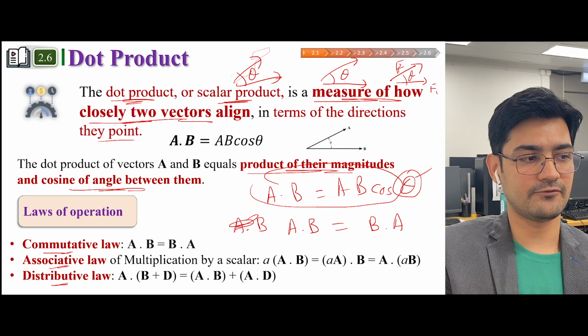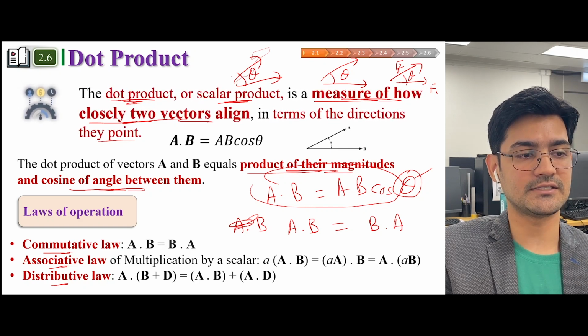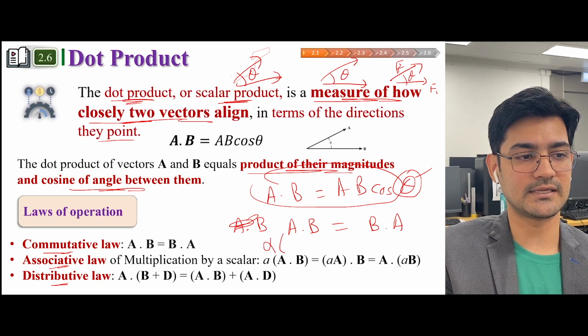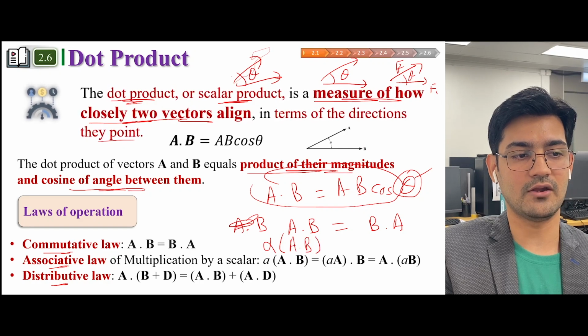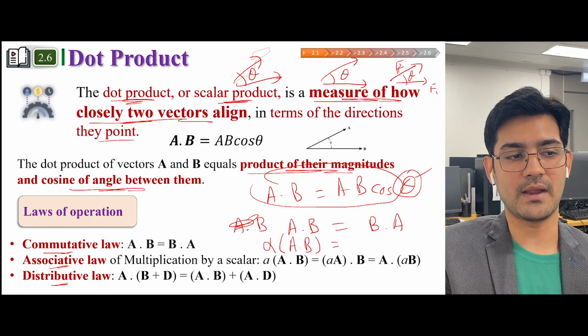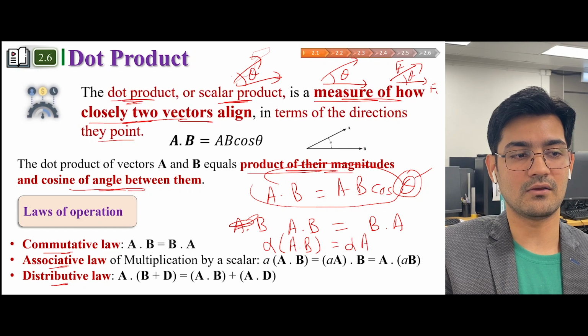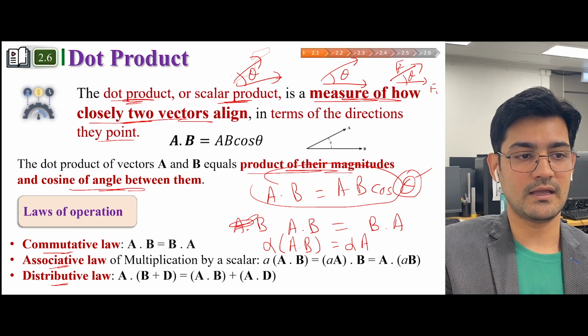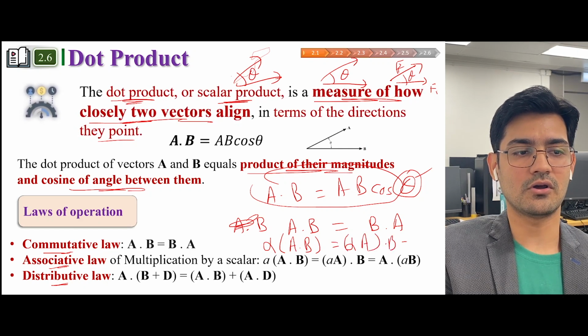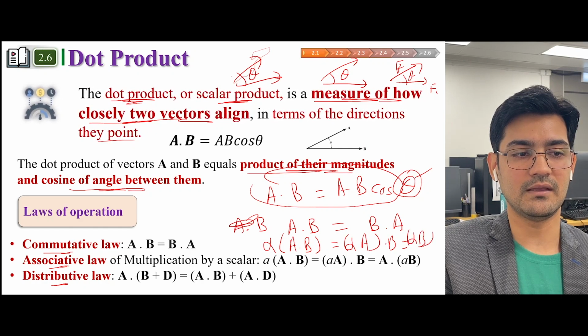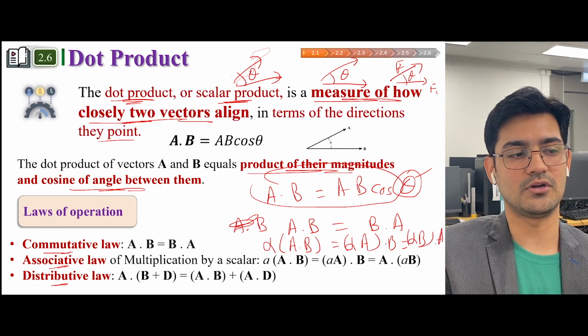The associative law states that if there is a scalar and you multiply that scalar with the dot product of a dot b, then it does not matter if you multiply that scalar with a and then take the dot product, or you multiply the scalar with b and then take the dot product with a.